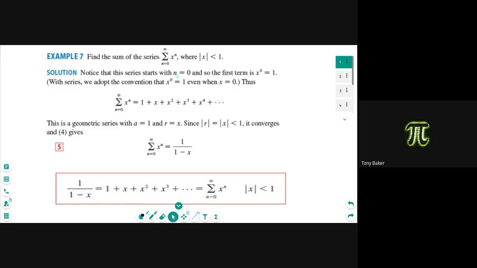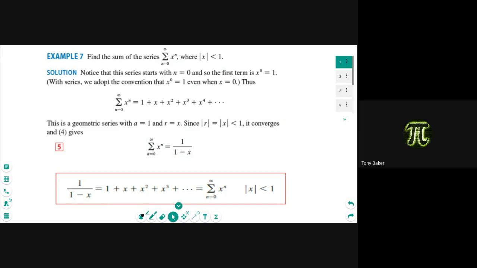This was from section 11.2, where we started looking at the geometric series. Remember the geometric series: the sum of x to the n equals 1 over 1 minus x. Whatever the ratio was, which in this case is x, comes out to 1 over 1 minus that ratio. Vaguely remember that? Okay.